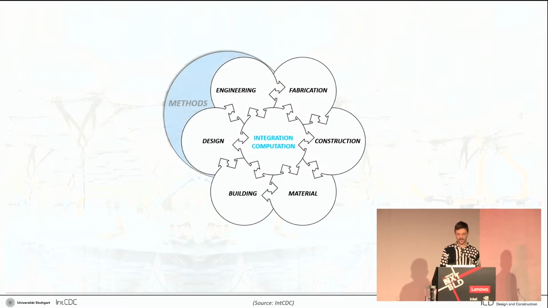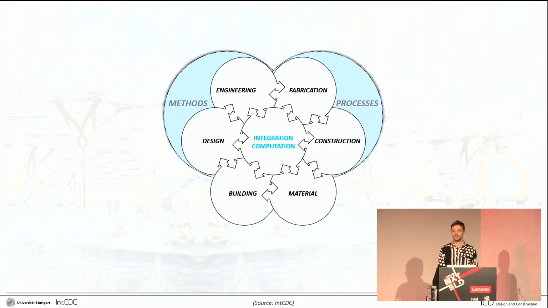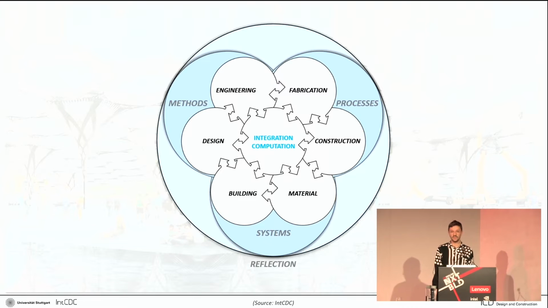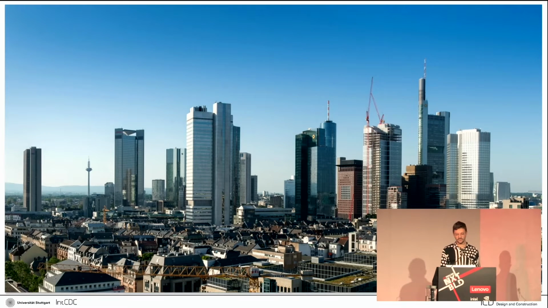We are developing computational design and engineering methods, cyber-physical robotic fabrication and construction processes, effective digital material and building systems, and we are reflecting on that from environmental, sociocultural, and ethical perspectives.